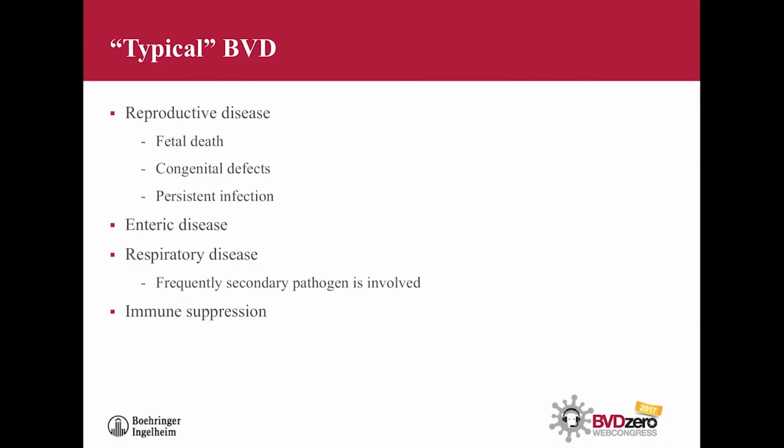So, when we talk about typical bovine viral diarrhea, there really isn't a typical presentation. You can get reproductive disease, and that reproductive disease may be expressed as fetal death or reabsorption of the fetus. You may get congenital defects, or these animals may be born completely normal looking, or you may get persistent infection.